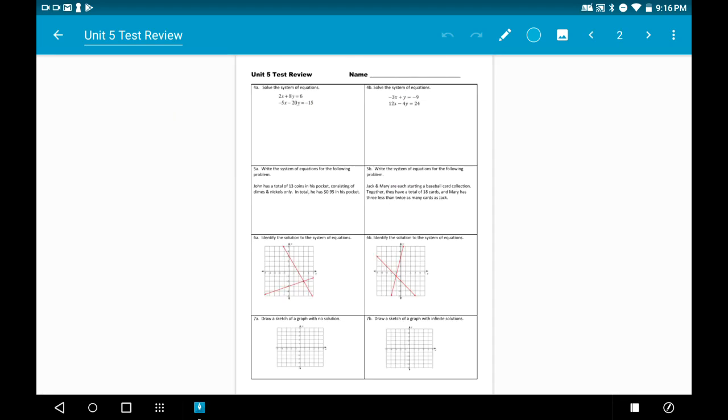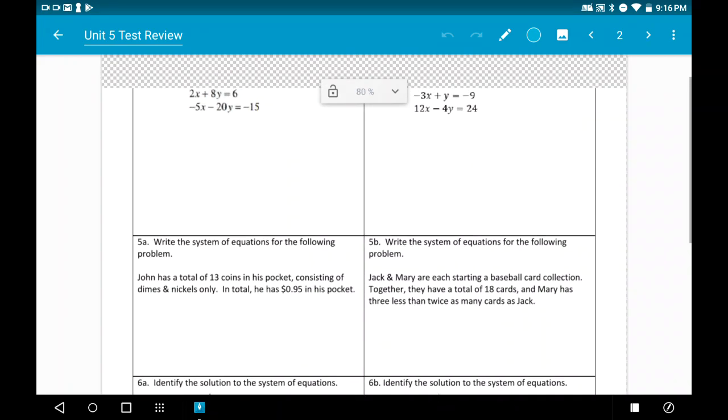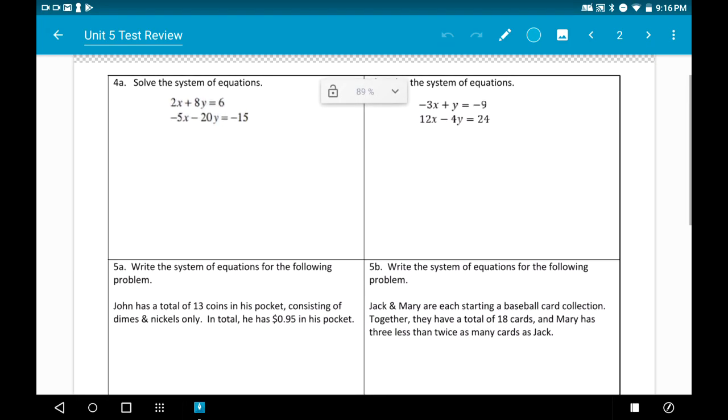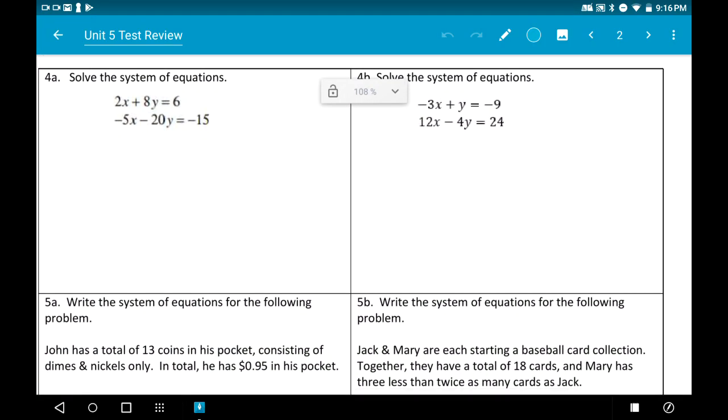Okay. Now to page 2 and number 4. So 4 is set up like elimination because the x's line up, the y's line up, and the numbers line up. And this one was actually changed. So hold on. This is not the right one that should be in your review, because that one is actually kind of hard to solve.